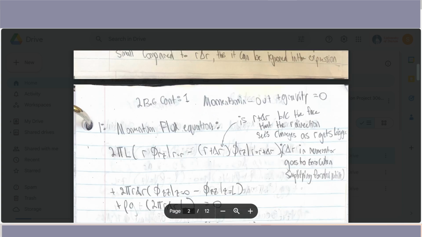So now we're applying this AR face to the momentum in the RZ direction.